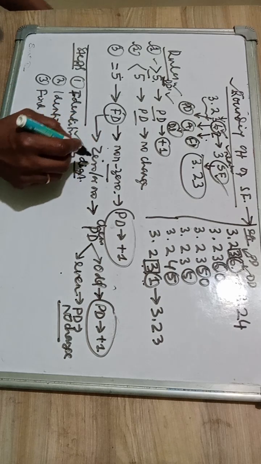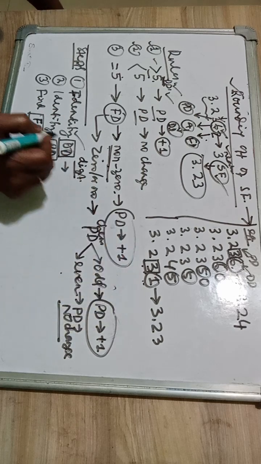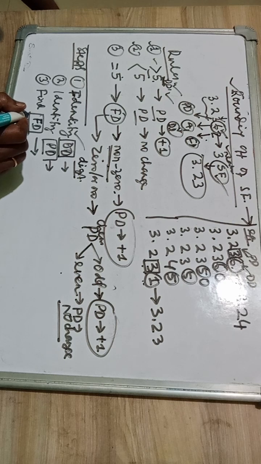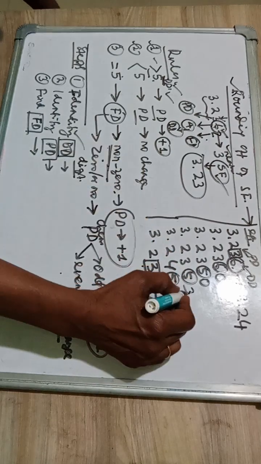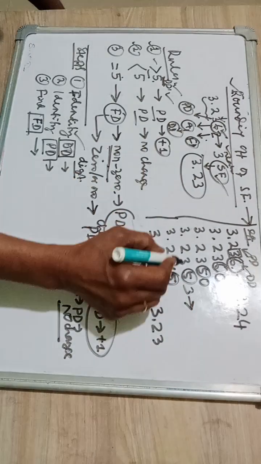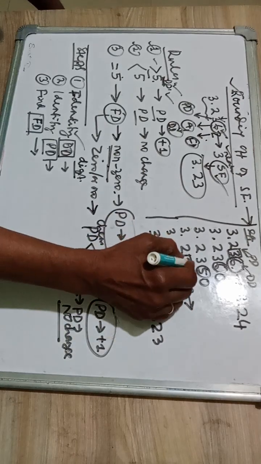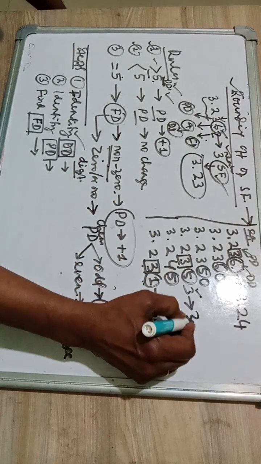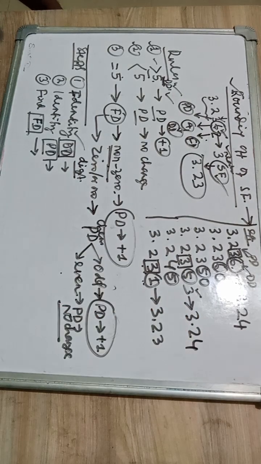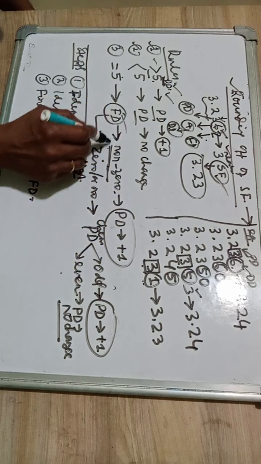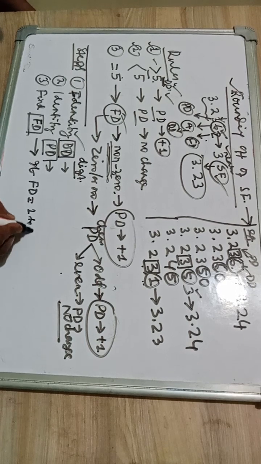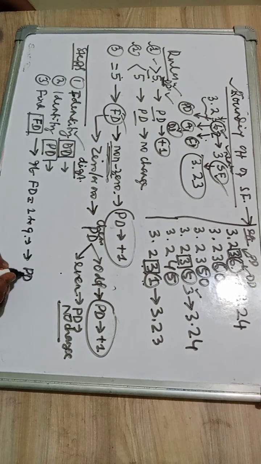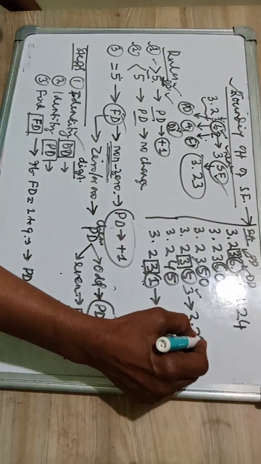FD is to be checked: if FD is non-zero, that means some value between 1 to 9, then go to PD and increase it by 1. We have done it: 3 became 4.